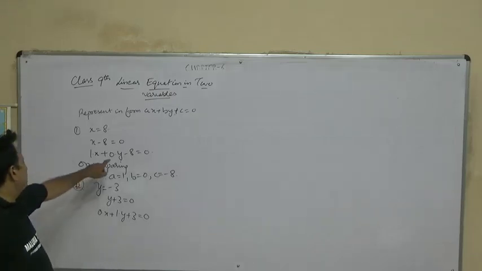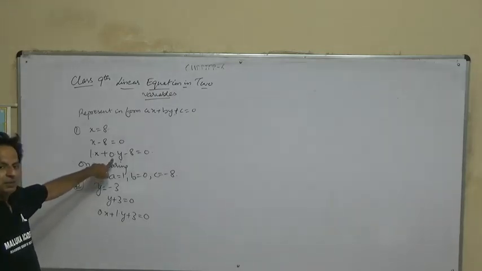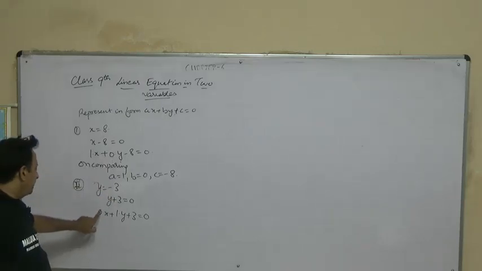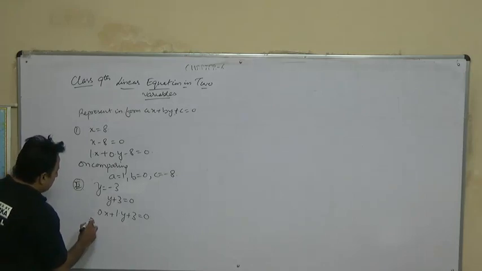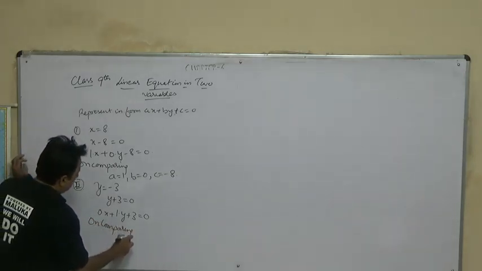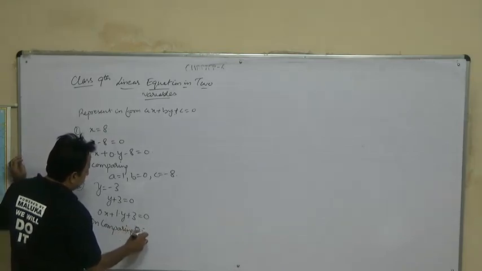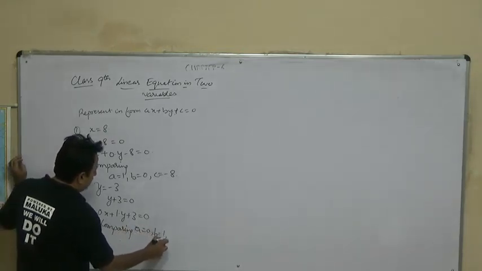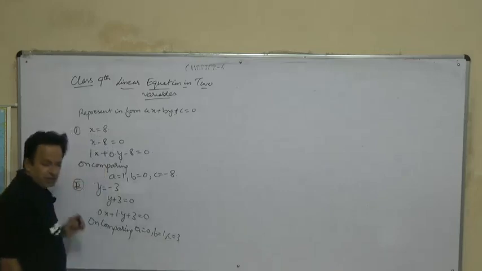Likewise here we have generated a term of y by multiplying it by 0. Here we have multiplied x by 0. Now on comparing, what do we get? A is equal to 0, B is equal to 1, C is equal to 3.